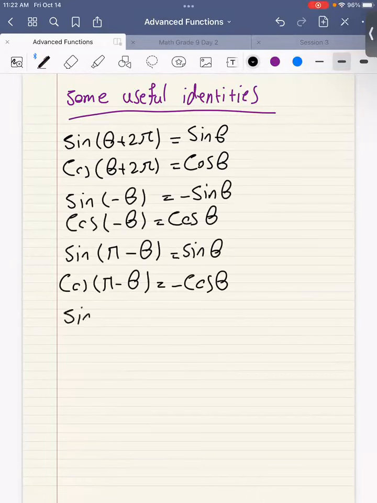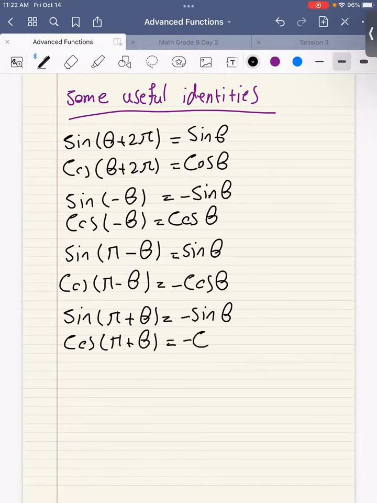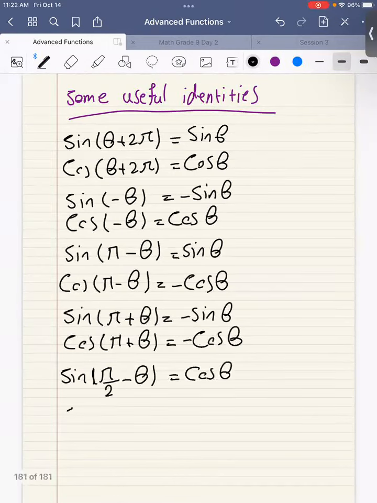And also about these new identities that I'm going to write. Sine of pi plus theta is minus sine theta, and cosine of pi plus theta is minus cos theta. And we just saw that sine of pi half minus theta is equal to cos of theta, and cosine of pi half minus theta is equal to sine theta.